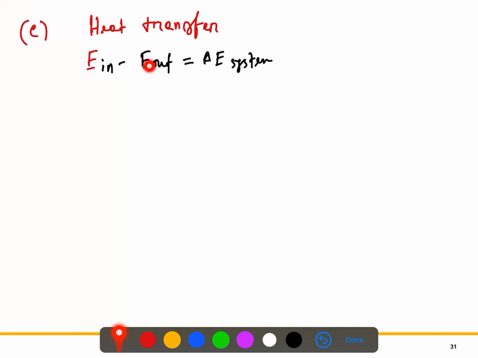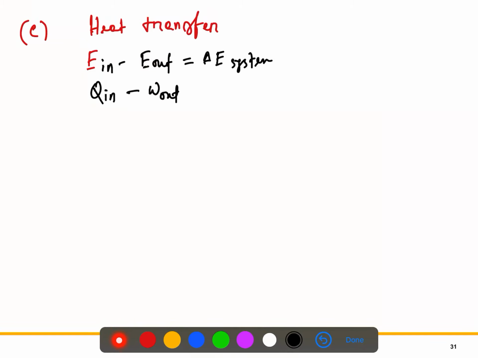So in other words, as I explained earlier, this energy in means the heat, right? That means we are providing heat. This energy out means we are getting the work, okay, the work as the output. If you see the first video, the work and heat transfer that I uploaded in UTS Online, then you will see this energy in means the heat, and this energy out means the work.